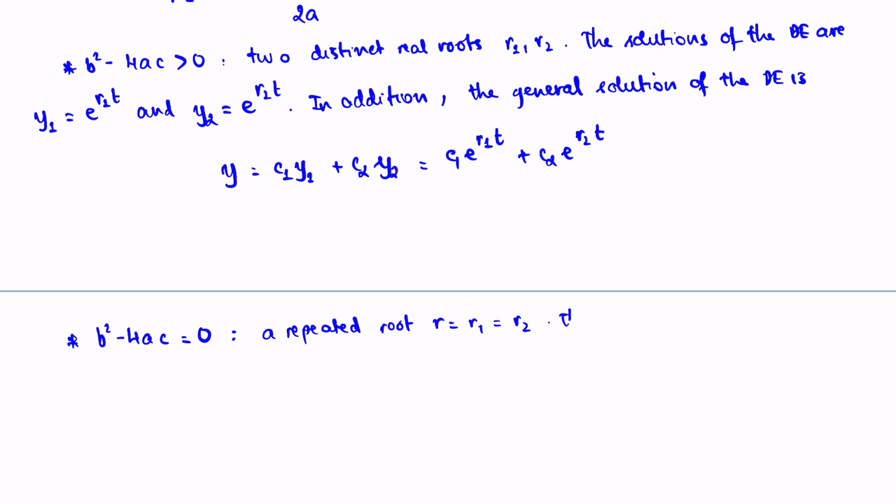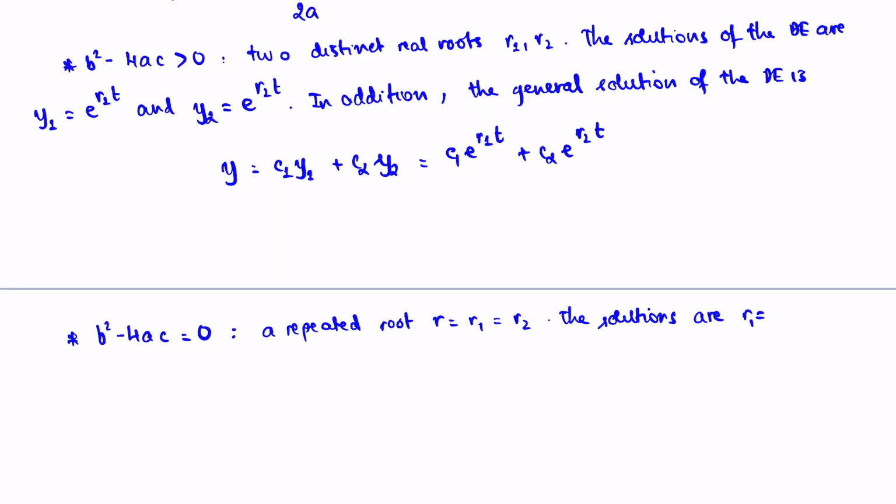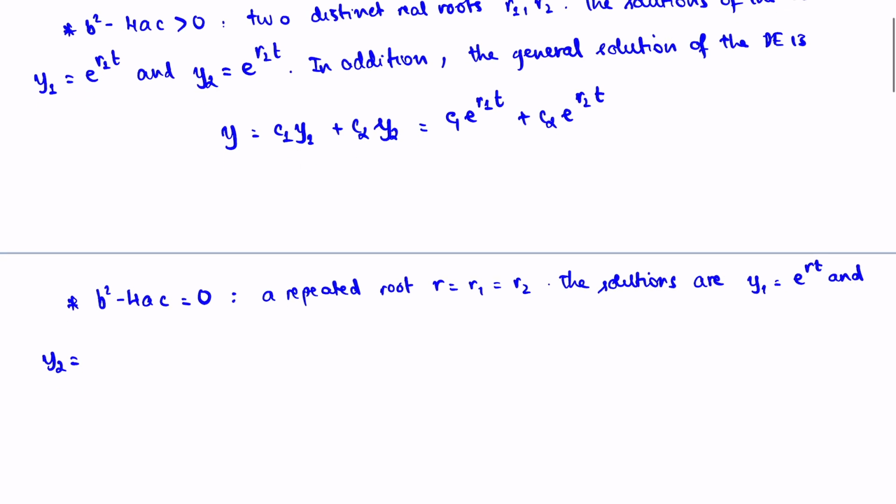The solutions are y1 equal to e to the rt, and y2 equal to t times e to the rt. So the repeated root is r equal to r1 equal to r2, so hopefully you recognize that.